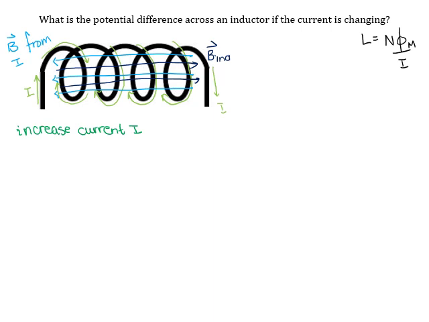Okay, so we increase the current I. That induces a magnetic field to the left, to the right, induces B to oppose that change. And then what happens? If we have an induced magnetic field pointing to the right, that's going to induce a new current.